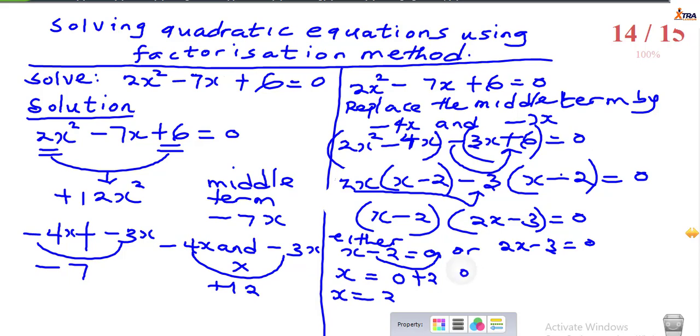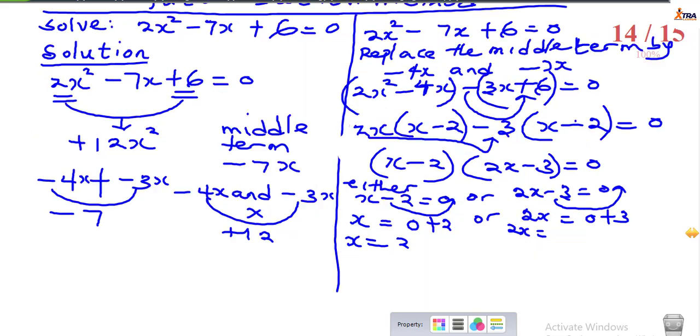Then on the other side, 2x will remain here. Take minus 3 to the other side, it becomes 0 plus 3, which gives us 3. Dividing both sides by 2 leaves us with x equals 3 over 2.